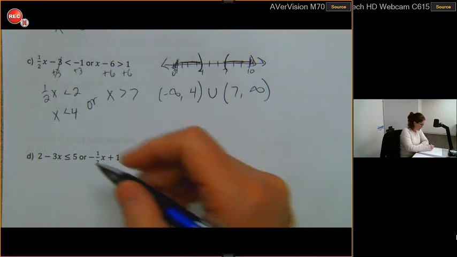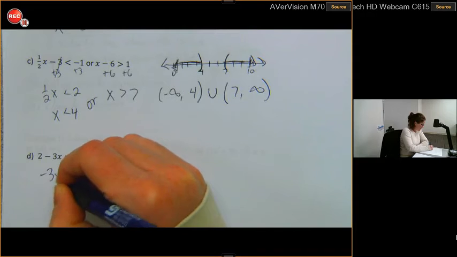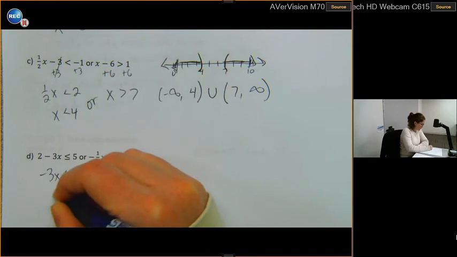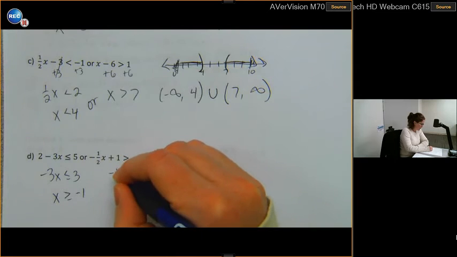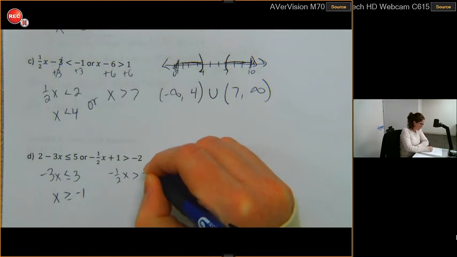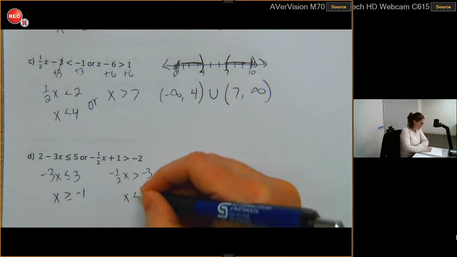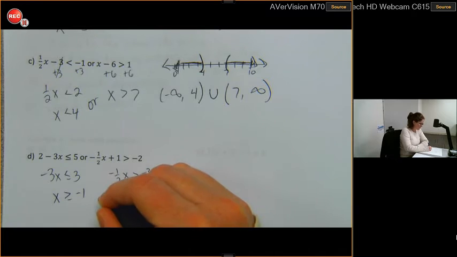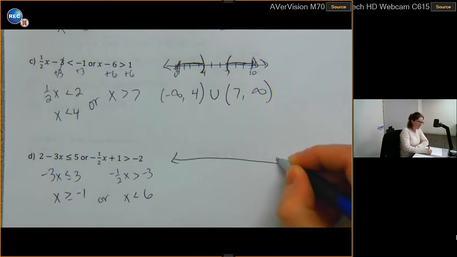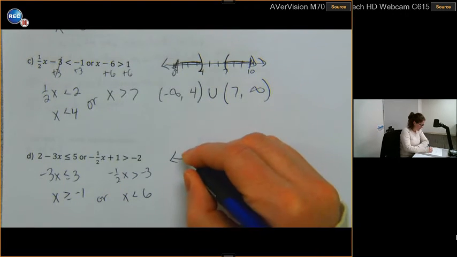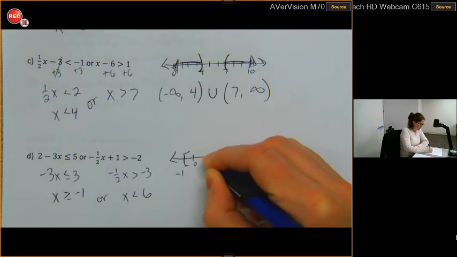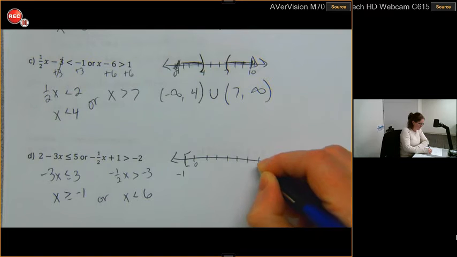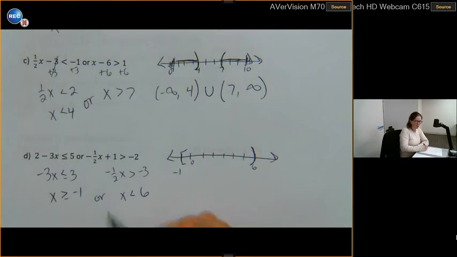Part D. Switch my direction because I'm dividing by -3. Switch my direction because I'm multiplying by -2. When I graph this, x is greater than or equal to -1, and x is less than 6. I have an "or" in the middle.